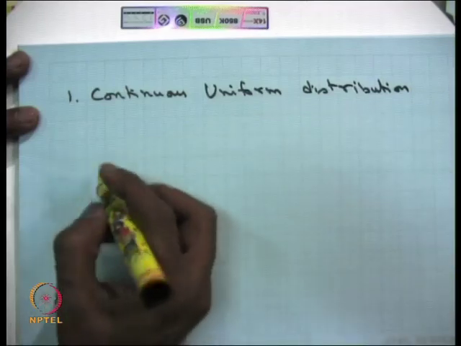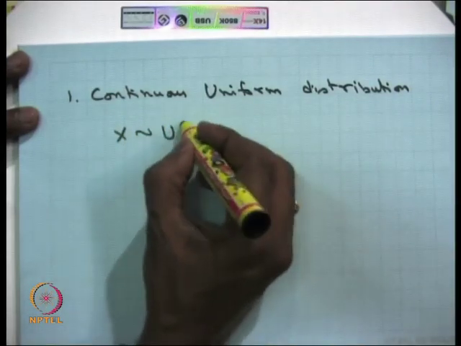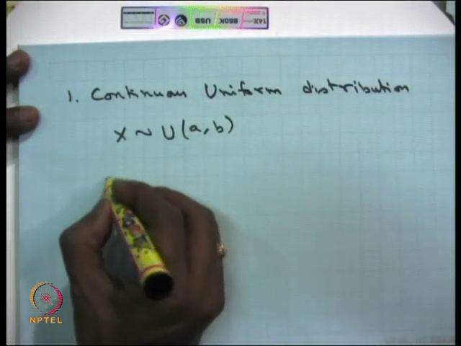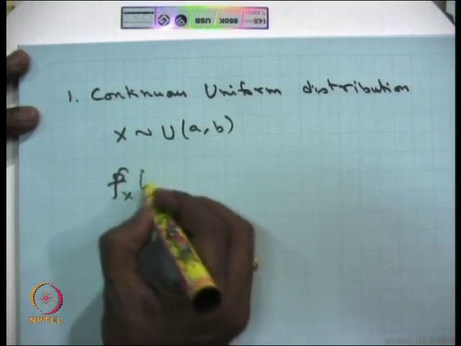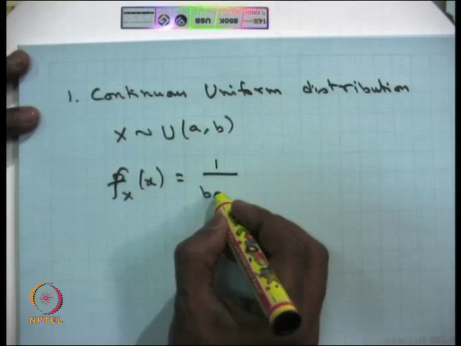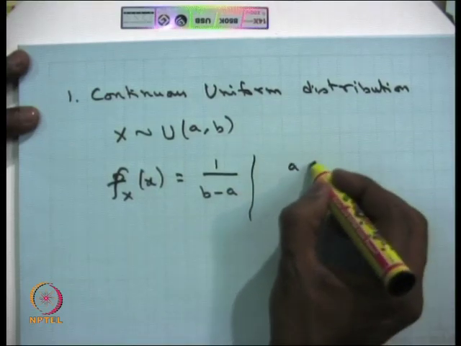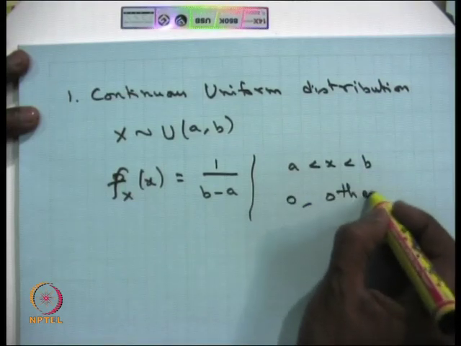When we say the random variable x has a continuous uniform distribution on the interval a to b, then the probability density function for the random variable x is of the form 1 divided by b minus a between the interval a to b, and otherwise it is 0.